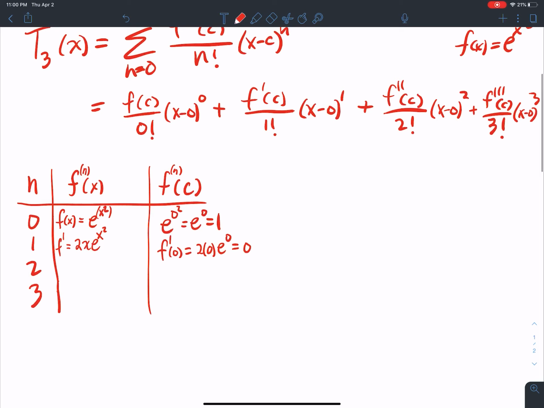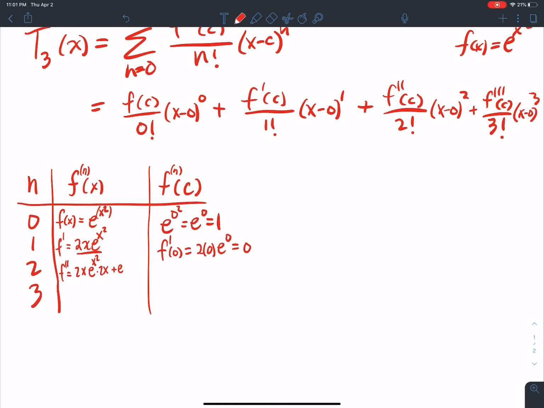Oh my goodness. Okay. So then f double prime, I'm going to have to use a product rule. So the first times the derivative of the second is e to the x squared times 2x, right?